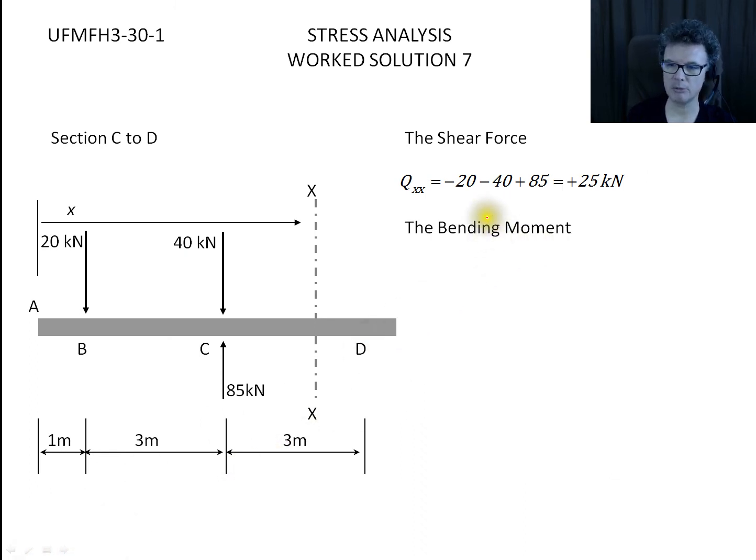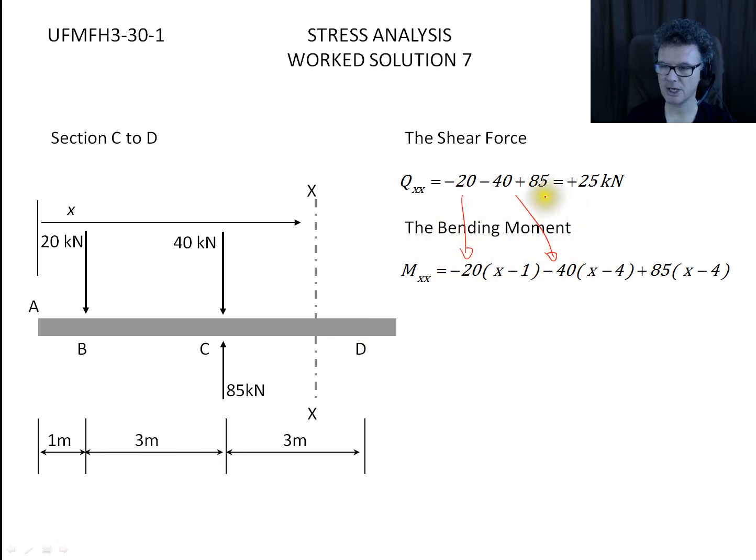Let's come to the bending moment diagram. So this is the advantage of using the Q values and having them all separate, and just keeping a current tally for your graph plotting next to it. So the minus 20 comes down, the minus 40 comes down, the plus 85 comes down, and now the next thing we do is look for the distances from the pivot back to those particular values.